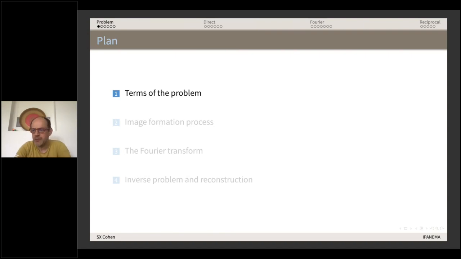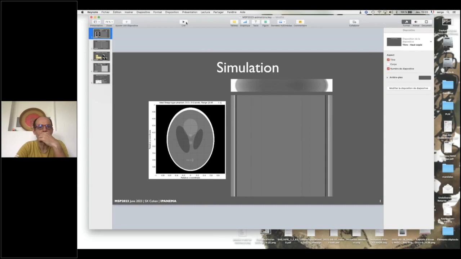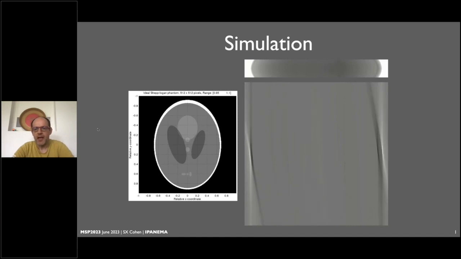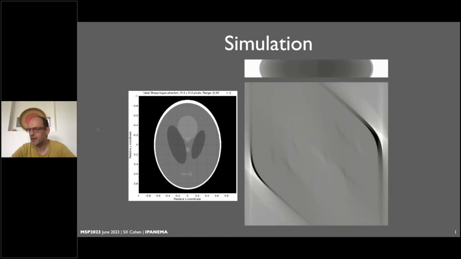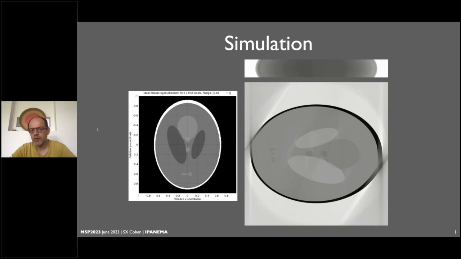Okay, so as a teaser, I will just show you more or less the idea of tomography. The idea of tomography is if we have an object, like the one you see now on the left, and we measure some radiographs on it, which are represented at the very top of the image. So we measure radiographs while the object is turning. We want to be able to reconstruct the volume just from radiographs.